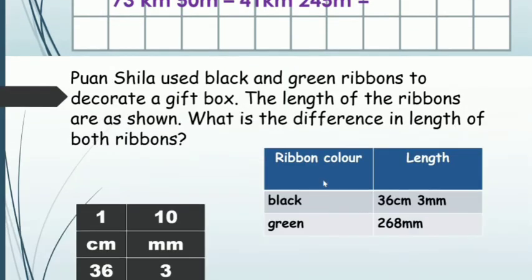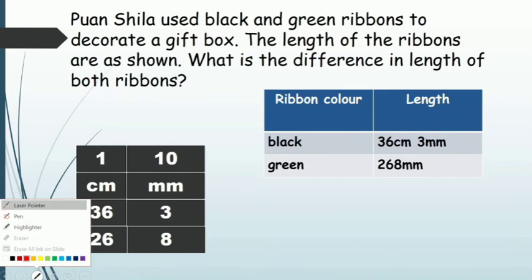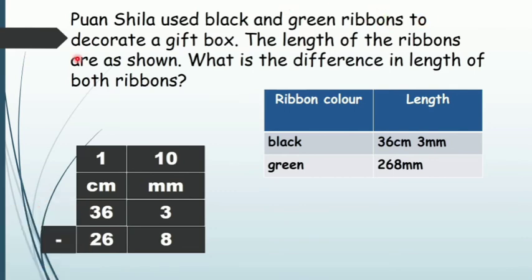Okay. Now, there is one more question. Puan Sheila used black and green ribbons to decorate a gift box. The lengths of the ribbons are as shown. What is the difference in length of both ribbons?